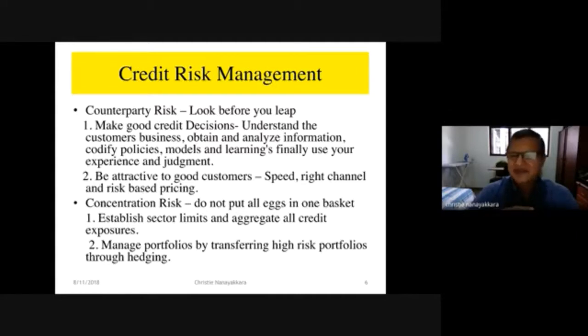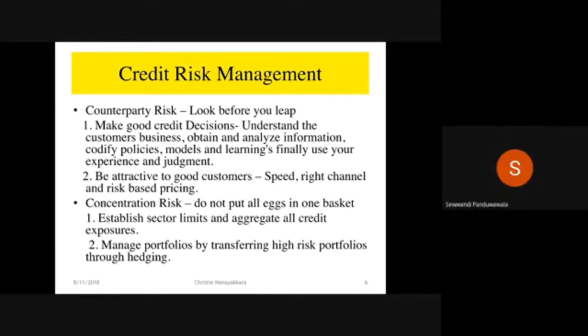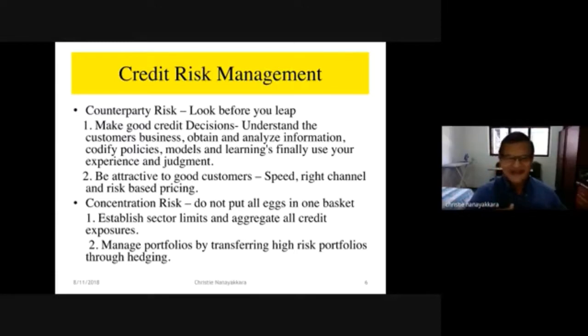So sometimes you may have to use your experience and judgment to make good decisions. So counterparty risk is very important for you to manage in order to manage the credit risk. Then I have also put under be attractive to most customers. You need to have speed, right channel, and risk-based pricing. We will discuss them at a later stage.